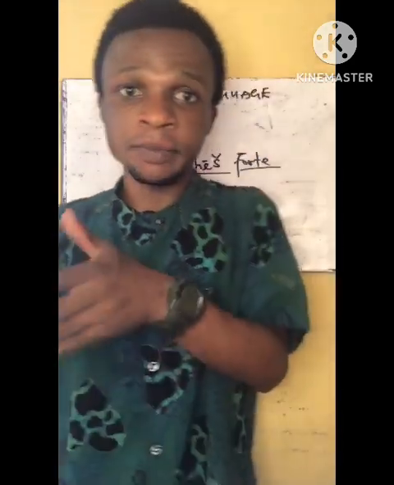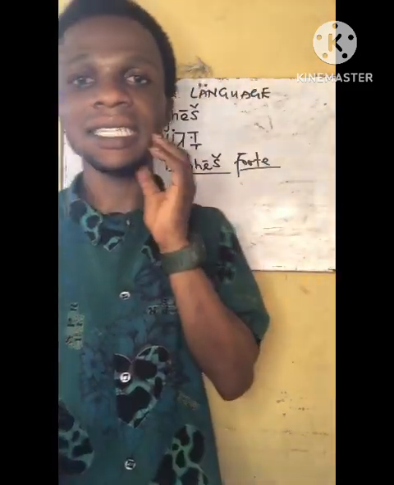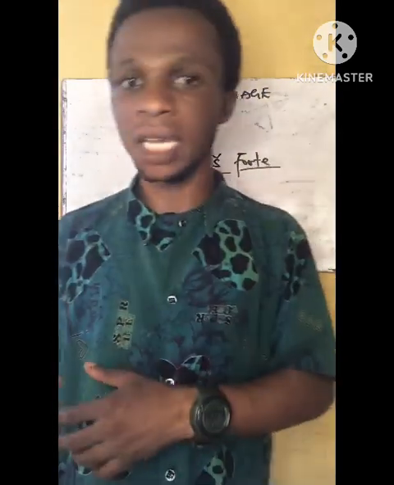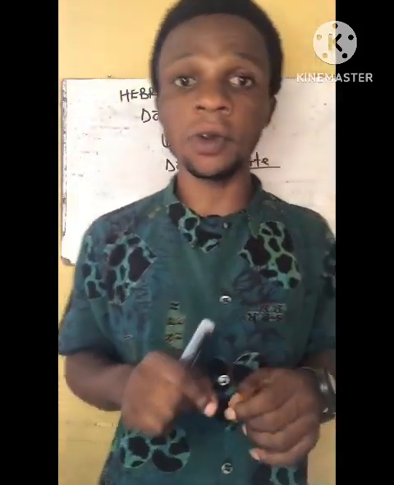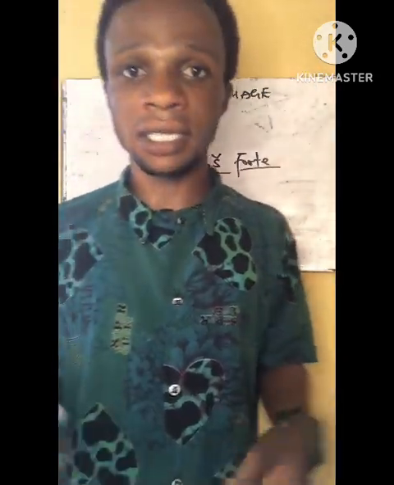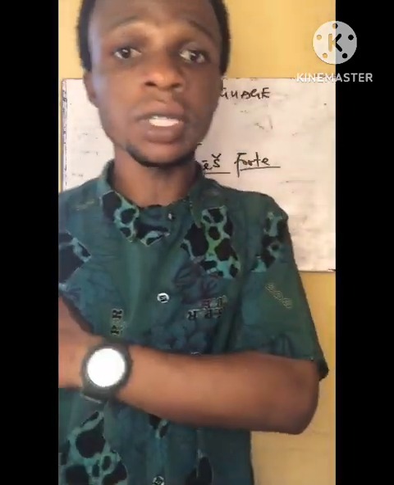That is the dot placed at the heart of a letter or some letters, which indicates that these letters are doubled, that is, they are appearing 2 times. But instead of writing it separately, the Dāghēš fort is placed at the heart of it, just to indicate that these are double letters.